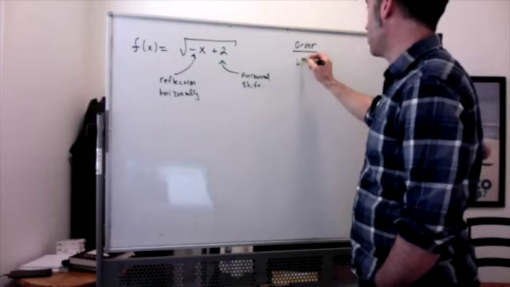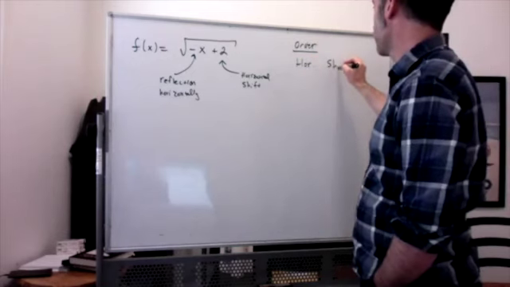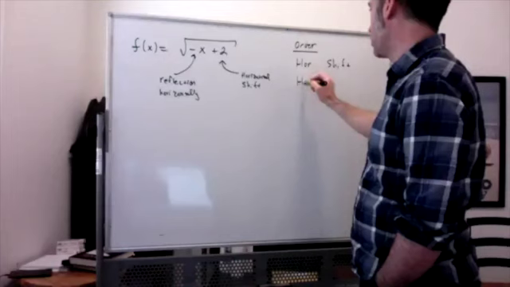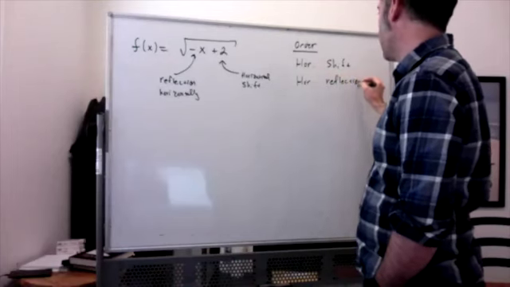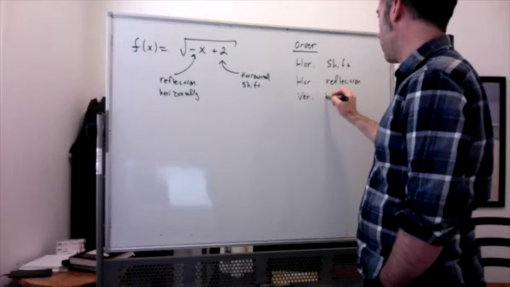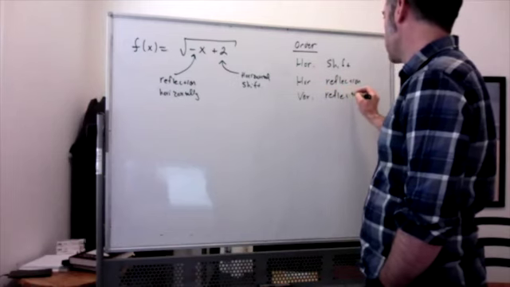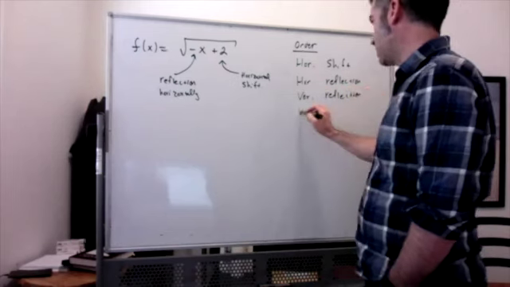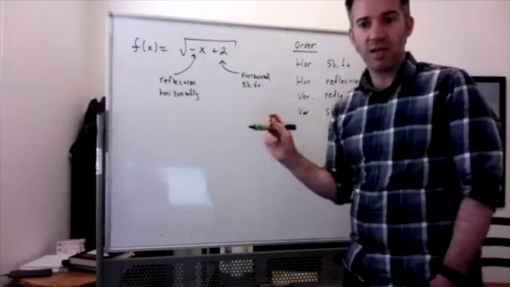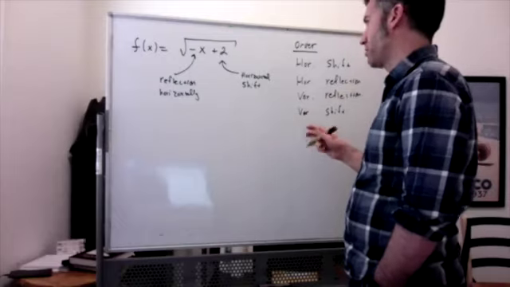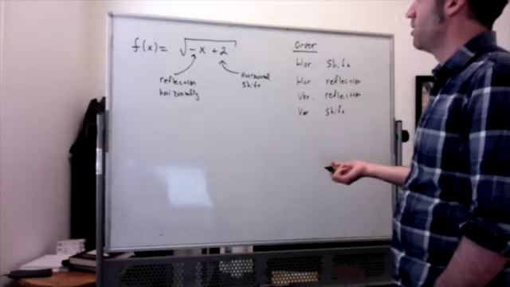So we're going to do horizontal shift, then a horizontal reflection, and then if we have them, a vertical reflection, and then lastly a vertical shift. So you're always kind of working from the inside out, is what I should really say.